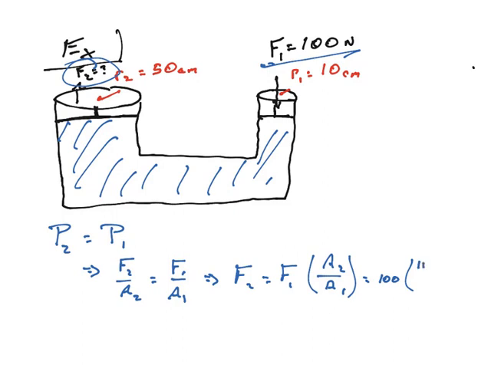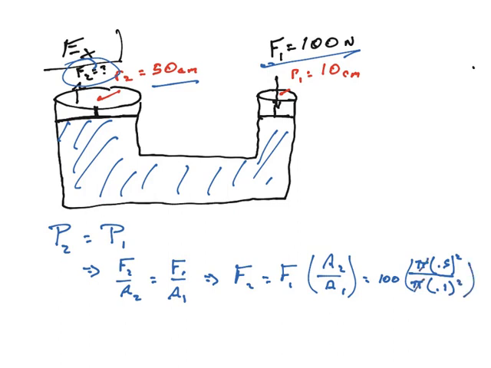So this is going to be pi times the radius of piston 2, which is 50 centimeters. Centimeters is a bad unit, so I've got to convert to meters. That's 0.5 meters. And remember, it's pi r squared, divided by the area of piston 1, again pi r squared, pi times 0.1 squared.